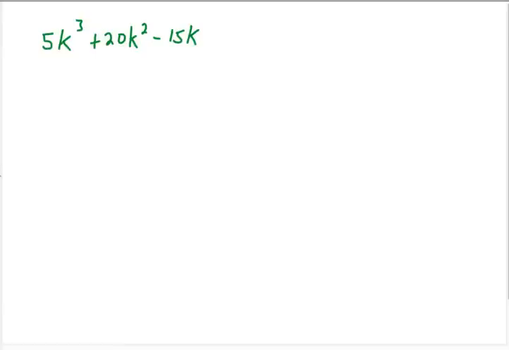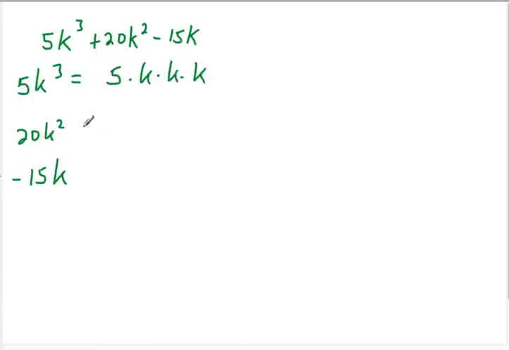Now we have 3 terms, so I'm going to break these down and find the greatest common factor. Here are the 3 terms. We have a 5 and 3 k's here. Here we have a 2, a 5, and 2 k's. And on this one, I'm just going to write a -1 so I don't forget the negative like I did in the first one.